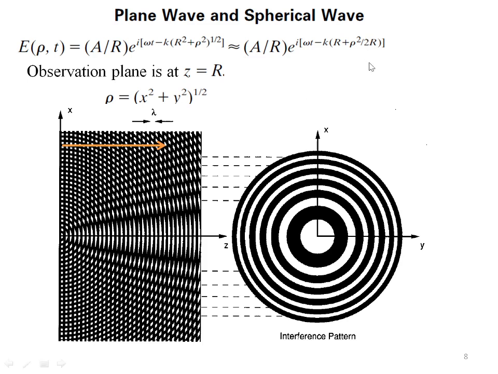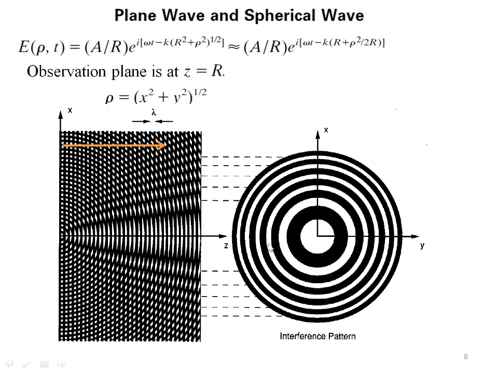What does that physically mean? Rho here is x square plus y square. Suppose this is your xz plane, the plane in which the waves are traveling, correct? And the xy plane represents the plane of observation, or that of our screen. So what we are assuming here is that this rho, that is the radius of a circle on the screen, is very small in comparison to r.